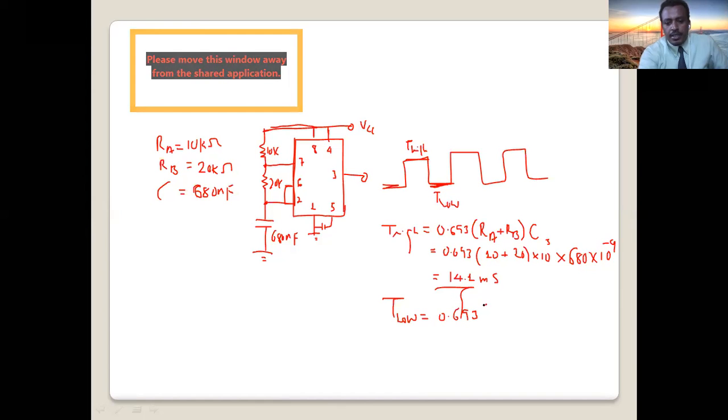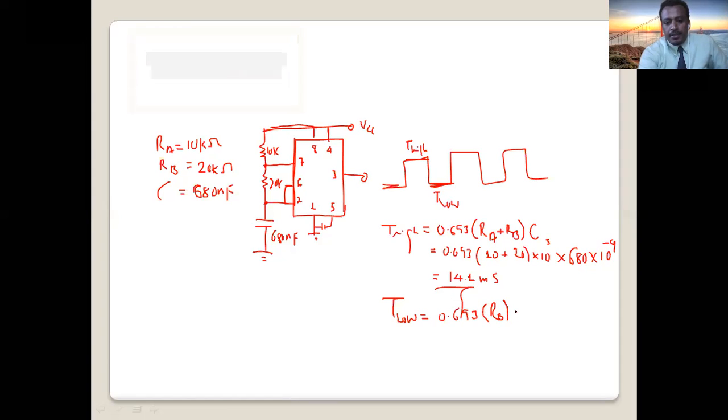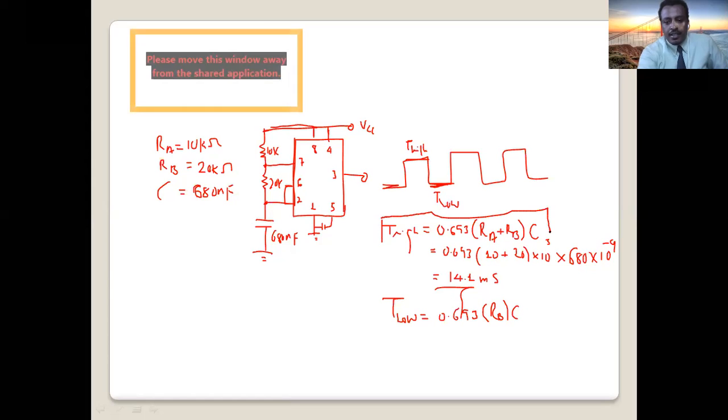It's a constant, but to calculate T low, we use only RB times C. Now, if you see this formula, for T high we use both resistors RA and RB because the capacitor charges through these resistors.